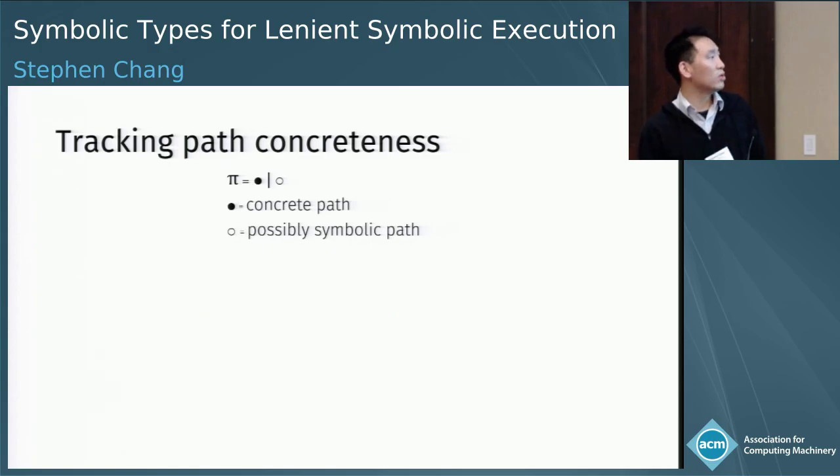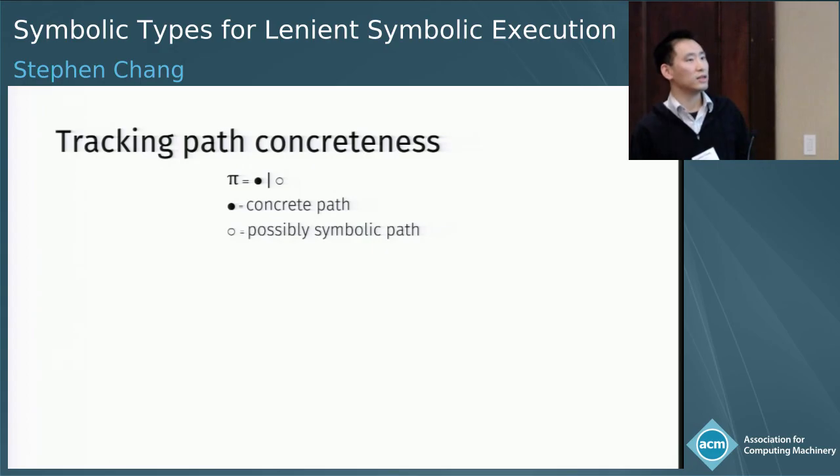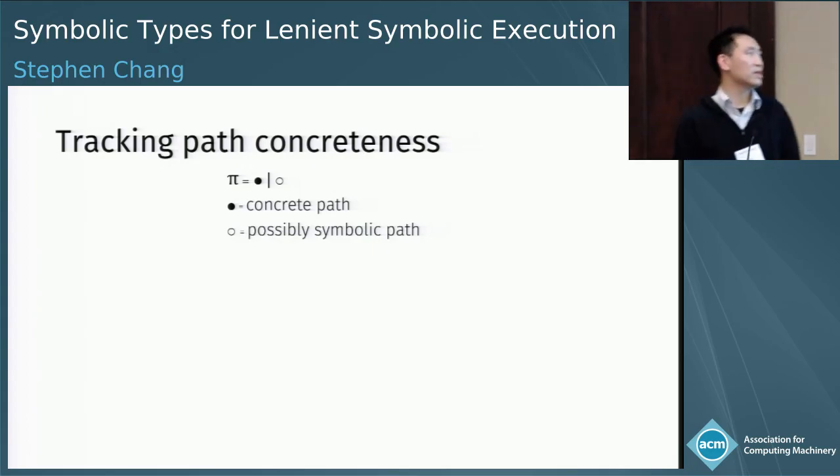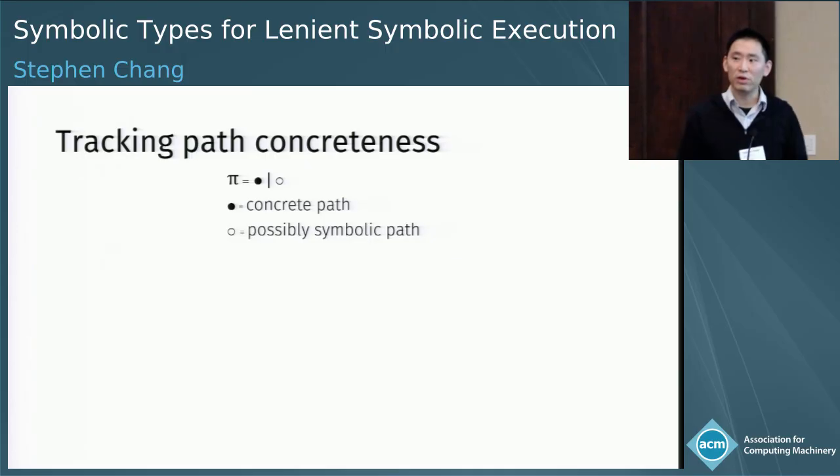We do this with two kinds of path markers, denoted with a black circle and a white circle. The black circle represents concrete paths, and the white circle represents possibly symbolic paths. For those that are familiar with information flow type systems, this is very similar to the PC marker that is used to track implicit flows.